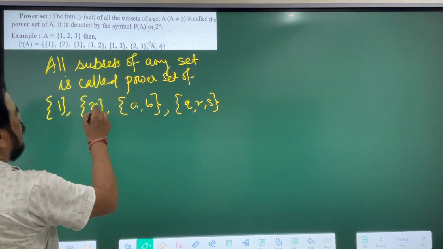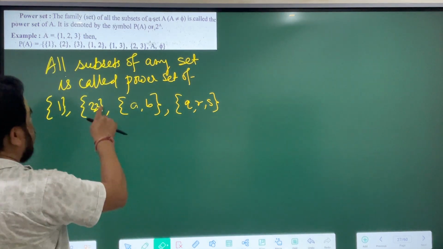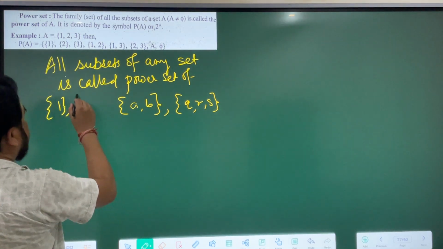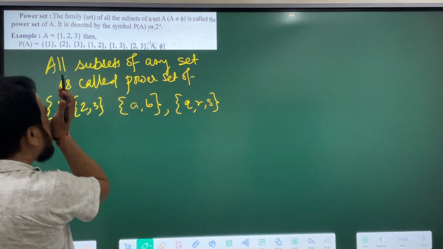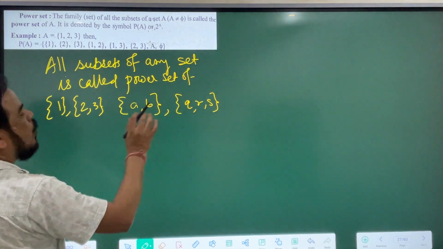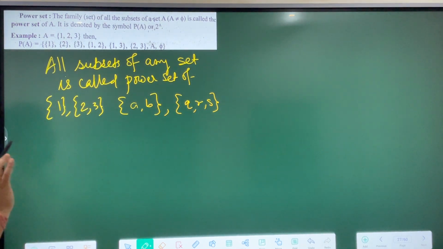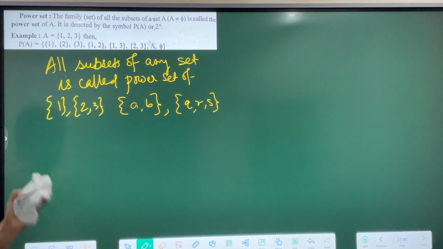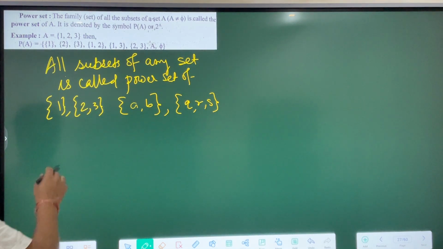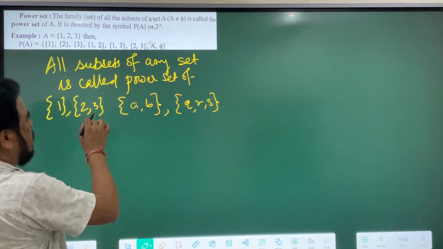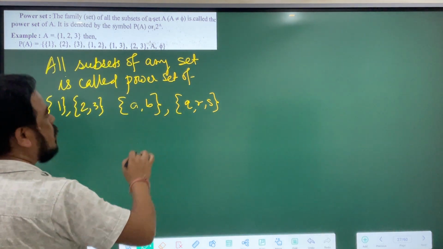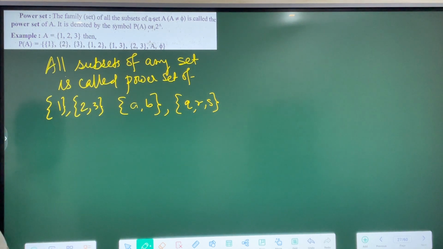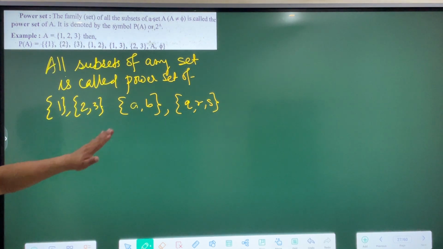This one 2, 3. Okay, so 1, 2, 3, 4 sets I have written. I have not put any alphabet for the name of the set. Just directly written 4 sets. In the first set there is 1 element. In the second set there are 2 elements. In the third set also there are 2 elements. In the fourth set there are 3 elements. I hope you understand this one.